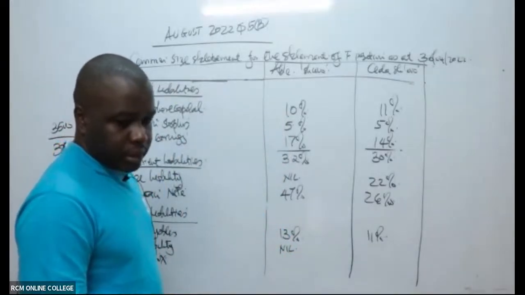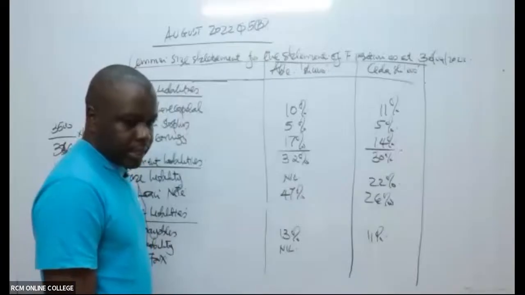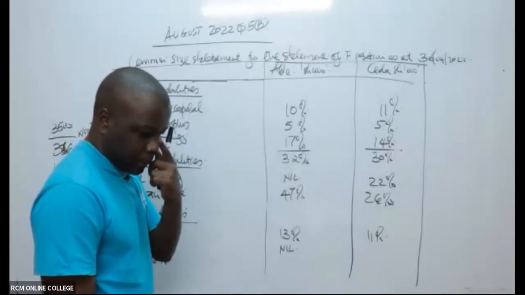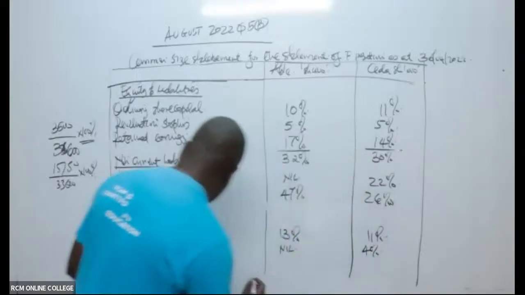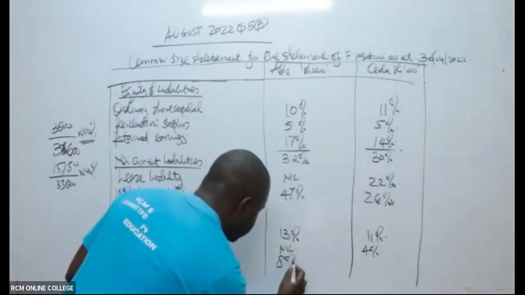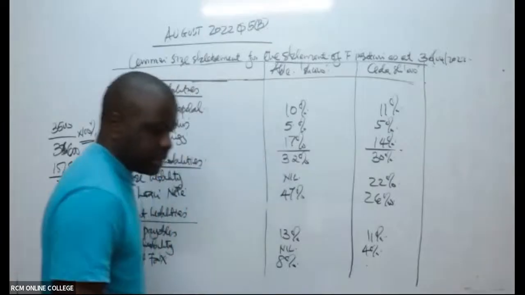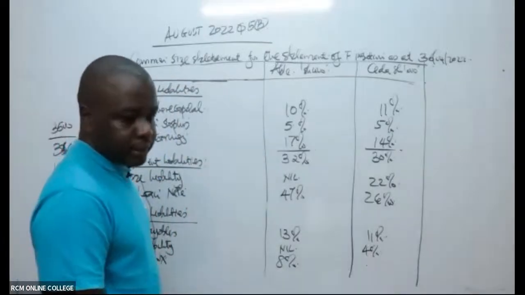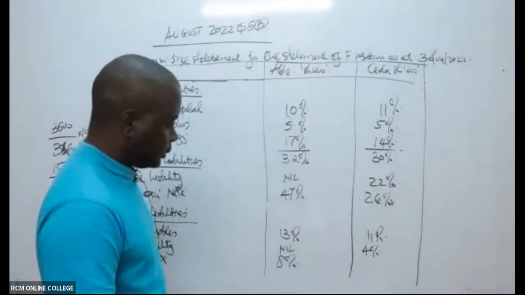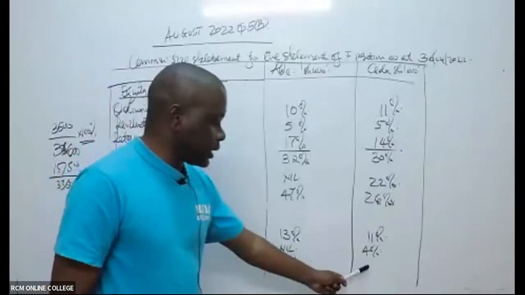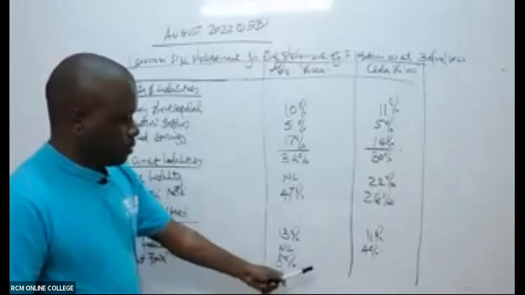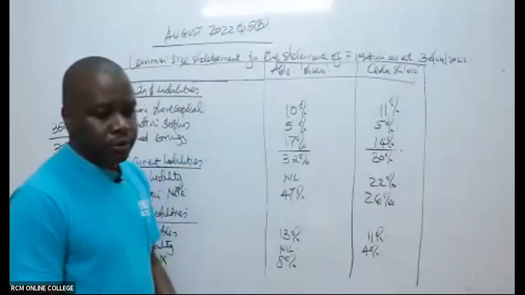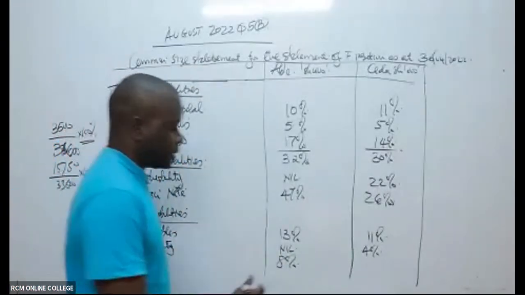The other side is 3.7%, so this one is 4%. Then we have, in this case, current tax 8%. This one is 8%. Current tax here is 8%. What about for the other company? 7%.